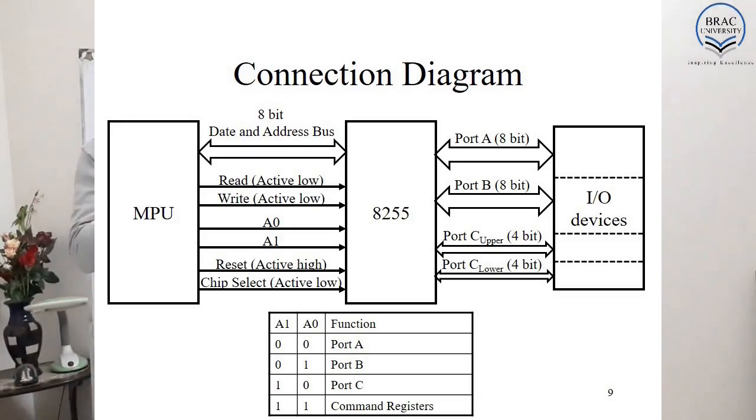When we configure 1, 1 on A0 and A1, it will write the data on the register stored inside it. That means there is a register, we can say a control word, inside this chip that can be written when we configure A0, A1 as 1, 1.